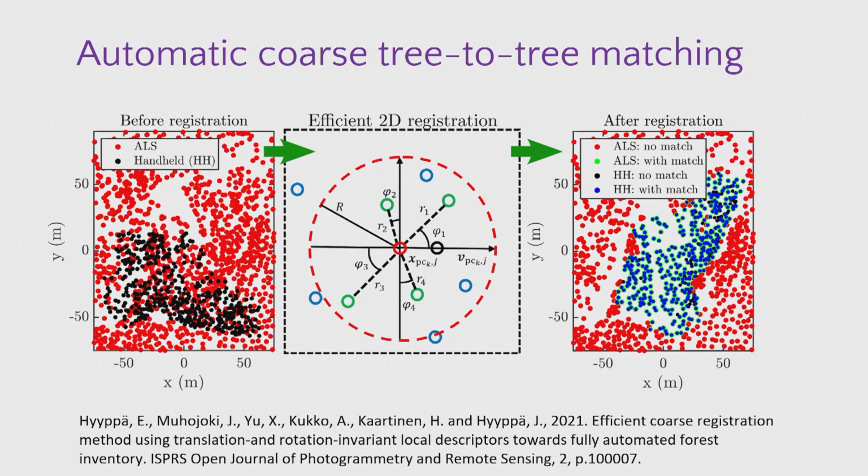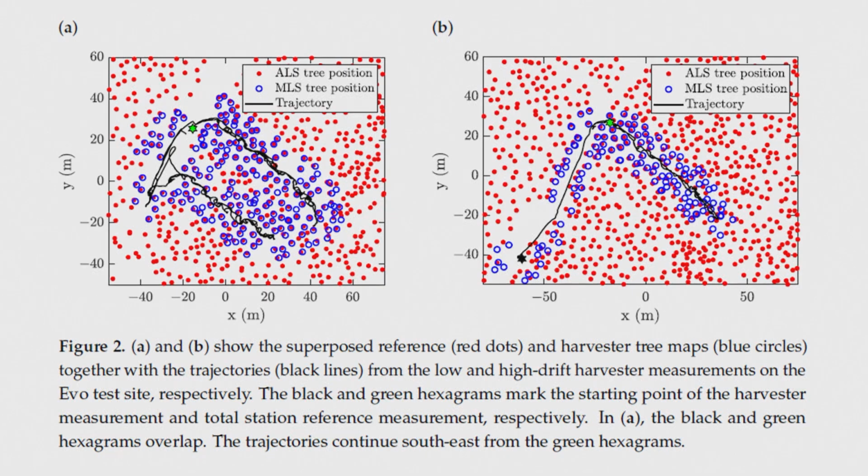It's a coarse matching which rotates and translates two tree maps at the object level. It's a few milliseconds when you do it. And if you get the first match with a digital twin forest map, then the second step is very easy, because you only need to move just a few meters from that.